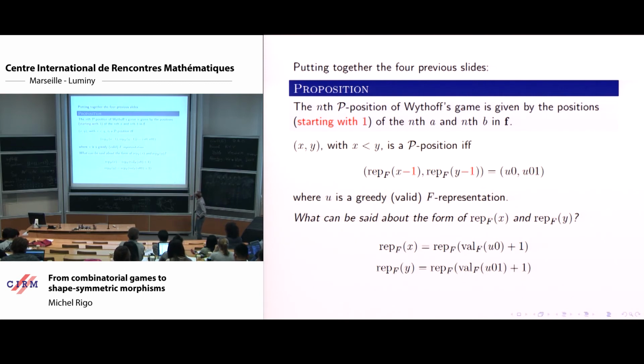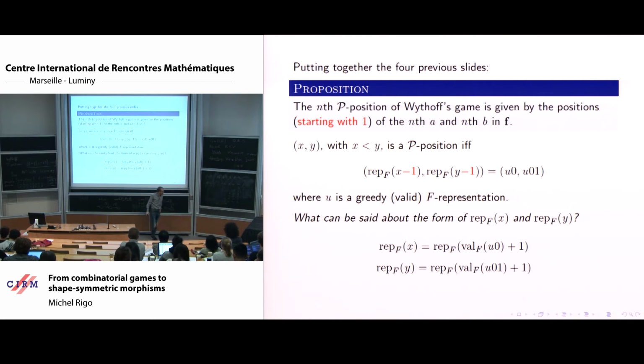So instead of having x minus 1, I'm looking at x, and the same for y, and so you will tell me, oh, it's not so difficult. I have a word of that kind, I just want to add 1. So I take the value of this, I add 1, and I look at the representation that I will get.